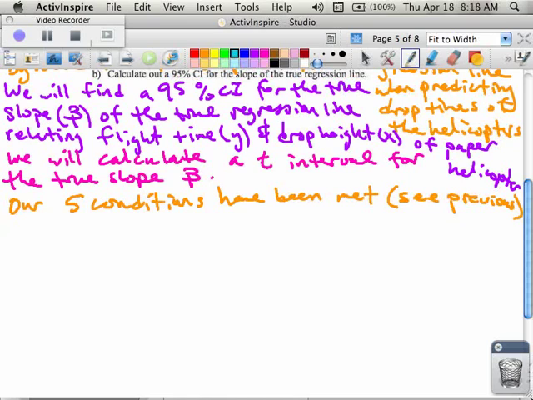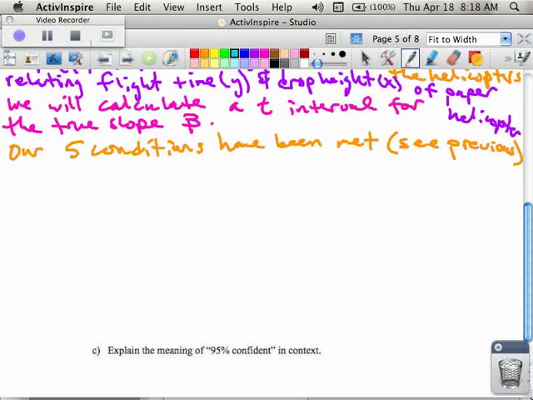And then after this part's where, so I talked about the conditions in the test, now I'm going to talk about the actual doing of the math. So we know that first of all we're going to calculate B plus or minus our T star statistic times SEB, which was the standard error of our slope. I know that my degrees of freedom are going to be 70 helicopters, take away 2, or in other words 68.